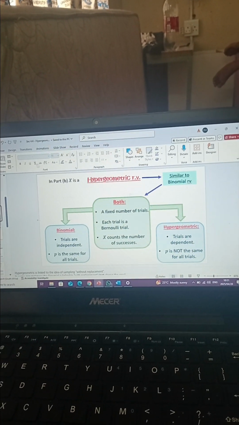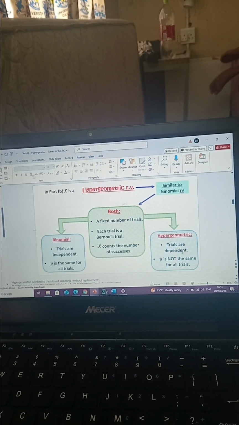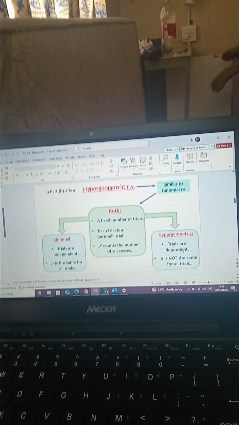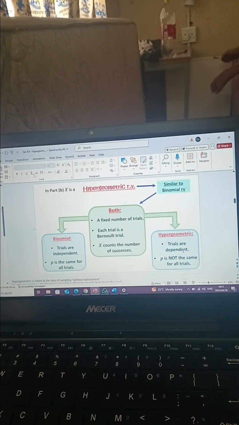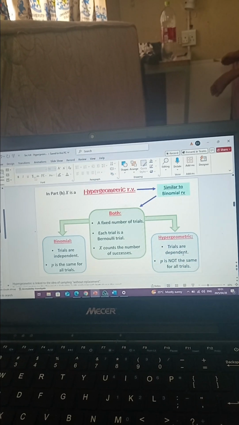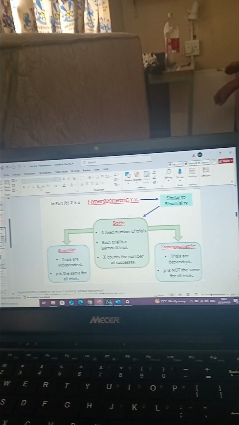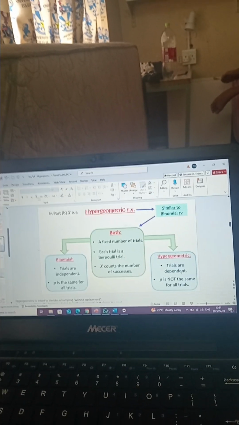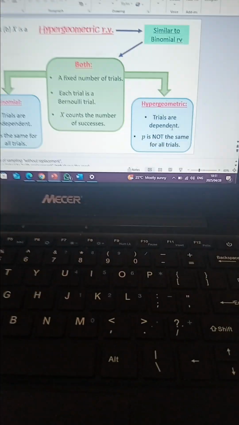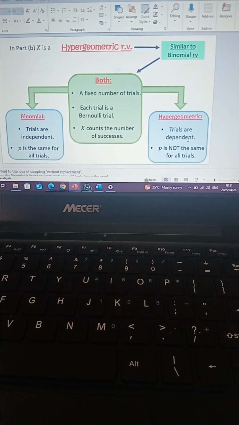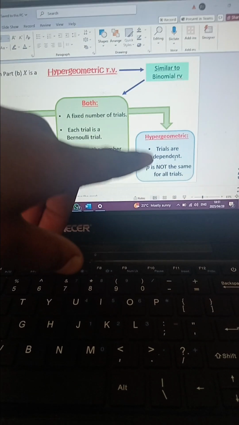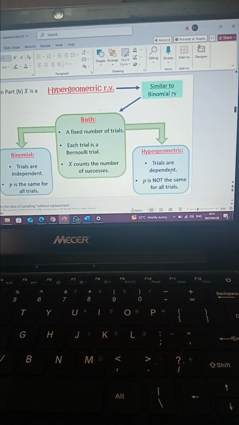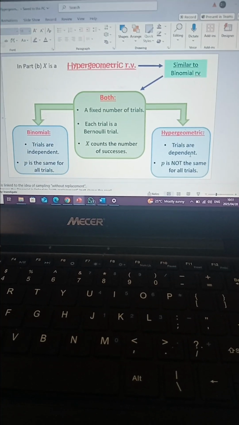Go to this one. Trials are dependent on hypergeometric. They are dependent on the K and R. We spoke about K. The K represents the whole set. Then we have the R and the blue, which represent whether we have a blue color or a red color. So trials depend on the number of colors that are present inside the container.